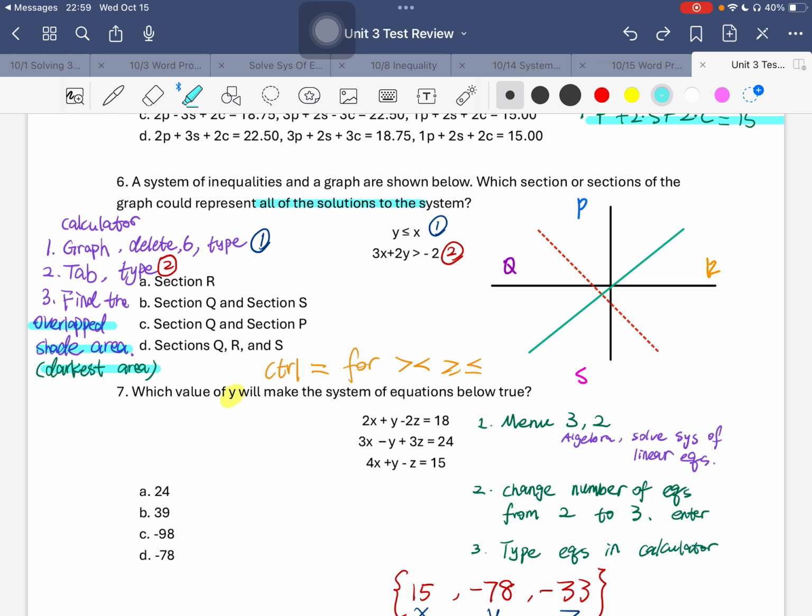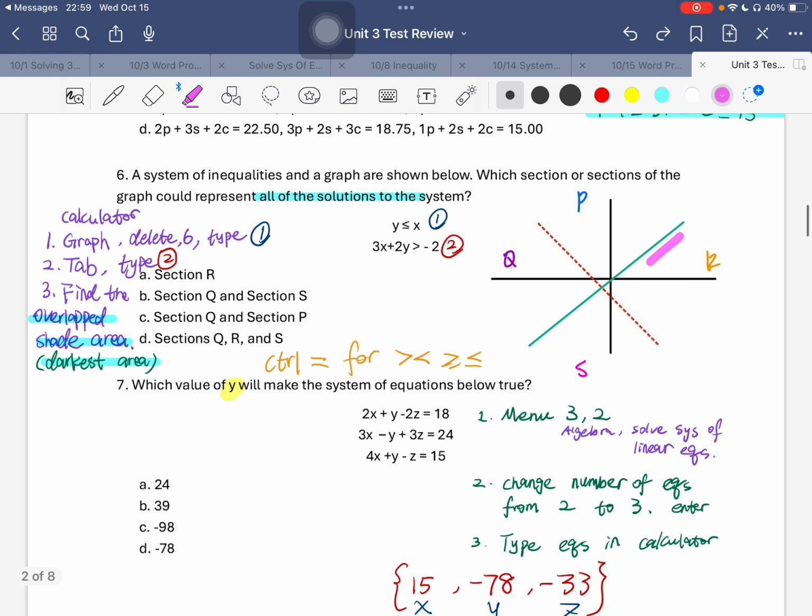Then enter. At this time, you can see the shaded area should be this area. And that's where you can find all your answers. All your solutions are at the overlapped shading area.